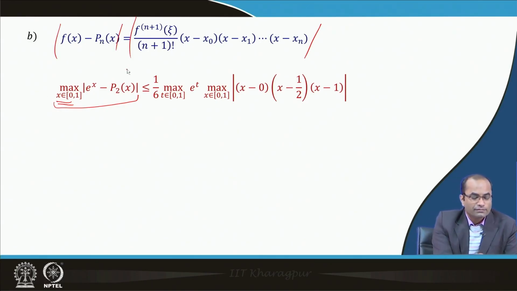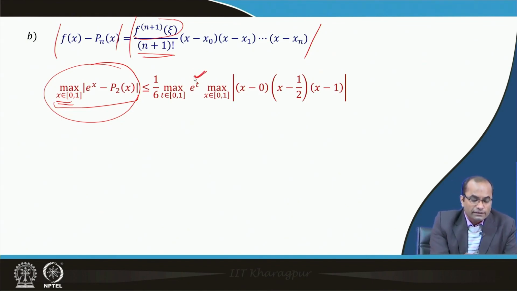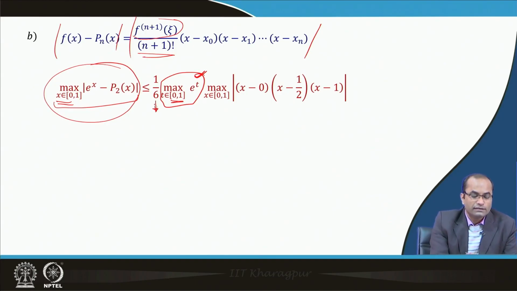So, this maximum over x we are interested in, and here also we get the n plus 1th derivative. We have the exponential function, so that exponential will remain as it is as the derivative, and to get the upper bound we will take the maximum value over this exponential function when t varies from 0 to 1. This 6 here is because n is 2 now, so factorial 3 will give 6.